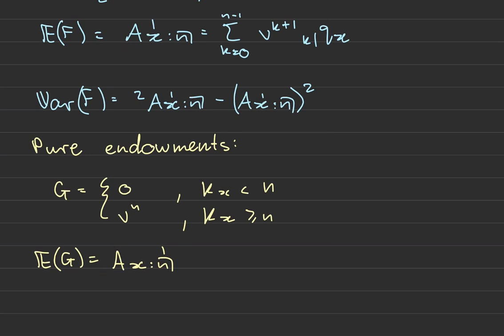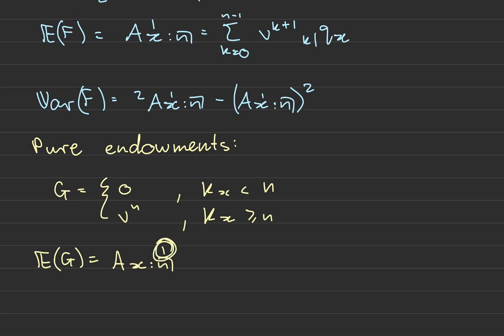They both are for a life now aged x. They both have a term of n years. The difference is when they pay. So this one pays on the death of the life, so the line goes on the x, and this one pays on the survival to x plus n, and so the line goes on top of the n.